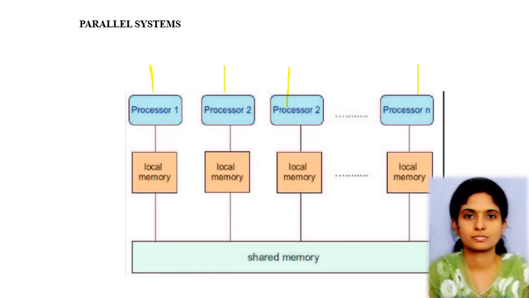For example, an 8-bit processor must compute the sum of two 16-bit integers. It must first sum up the 8 lower order bits and then add the 8 higher order bits, thus requiring two instructions to perform the operation. A 16-bit processor can perform the operation with just one instruction. So this is bit level parallelism.